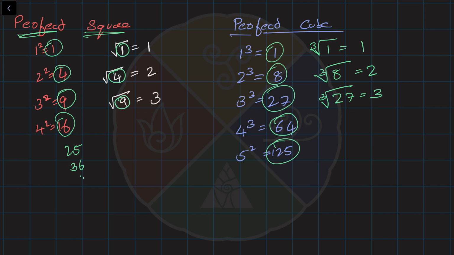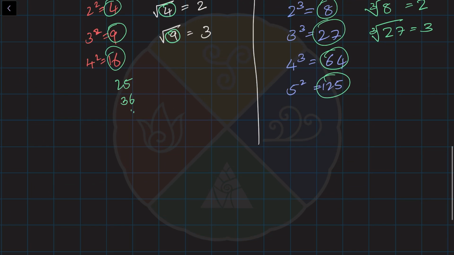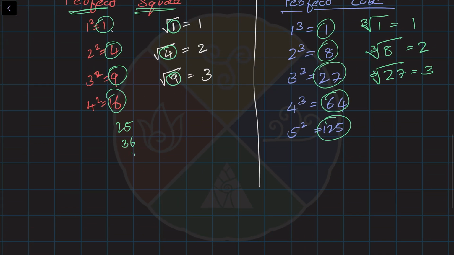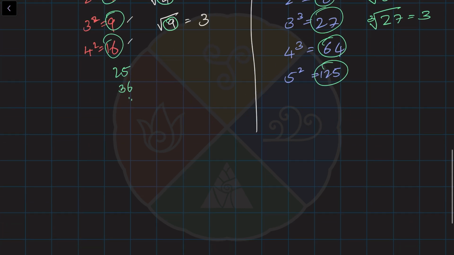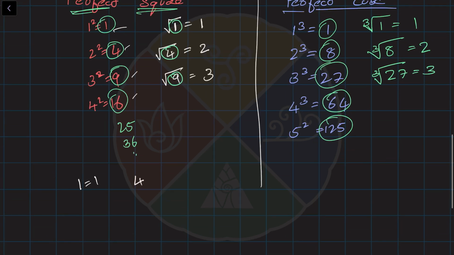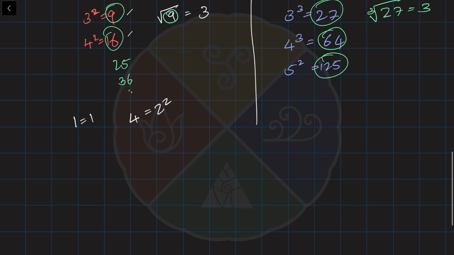The same perfect square and perfect cube can also be understood using prime factorization. If you take these numbers 1, 4, 9, 16, etc. 1 is simply 1. 1 is a God number. You cannot play with 1. So let's take from the next number. The next perfect square which we have is 4, that is 2 square. Next one is 9, 3 square.